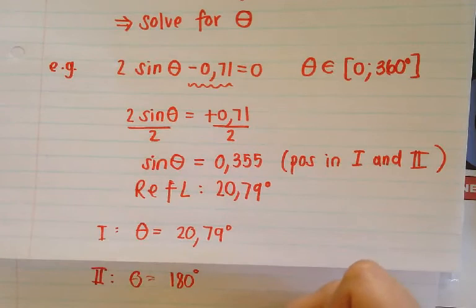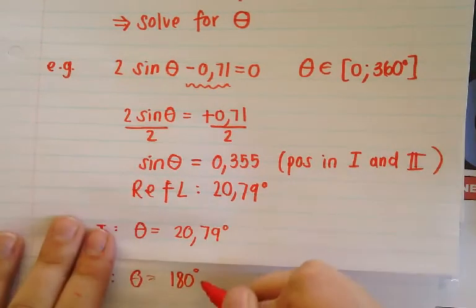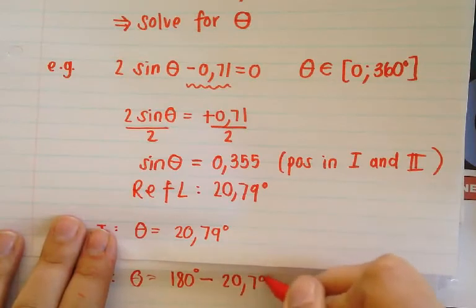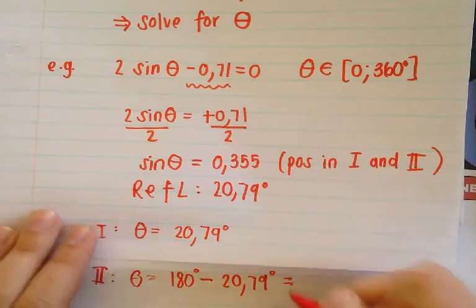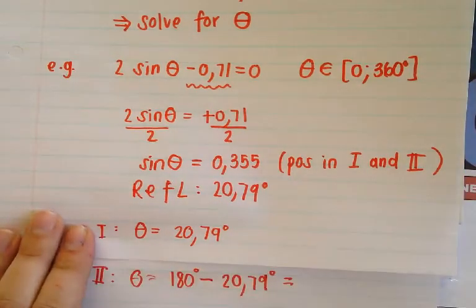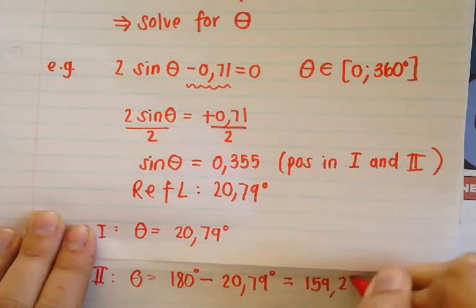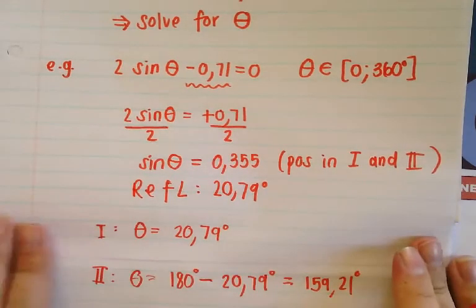What's the reduction in quadrant 2? Minus my reference of 20,79. So what is the true theta in quadrant 2? Well, I'm going to check. 180 minus 20,79 gives me 159,21 degrees.